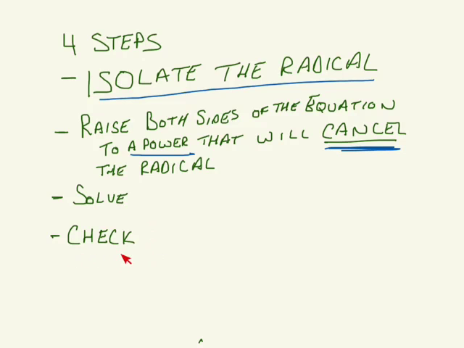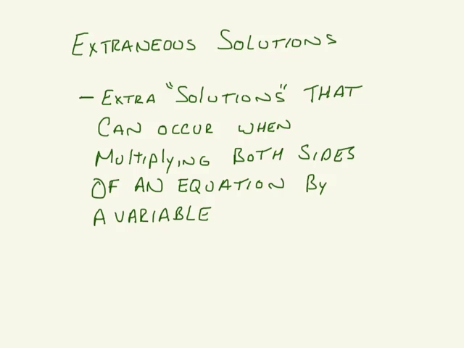And last but certainly not least, especially in this lesson, is you are going to check your solutions. Why are we going to check? Well, we always check our solutions, but in this case, extraneous solutions can occur. What's an extraneous solution? An extraneous solution is any extra solution that can occur, doesn't necessarily occur, but can occur when multiplying both sides of an equation by a variable.